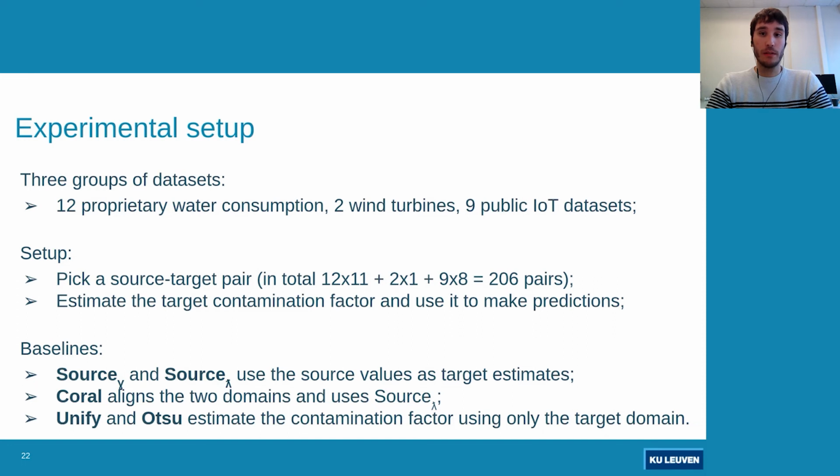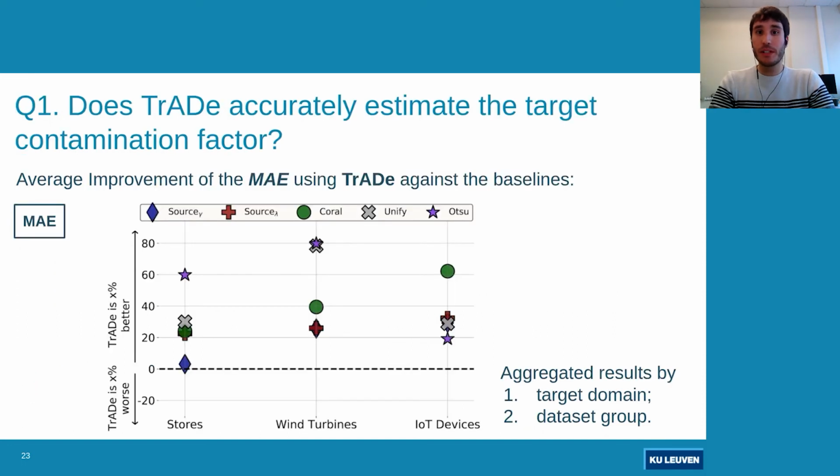about the source domain. Our first research question is to investigate whether our method estimates the contamination factor better than the baselines. We measure the mean absolute error and the average improvement of using our method instead of each baseline. Therefore, positive values in the plot mean that our method is performing better than the baseline.